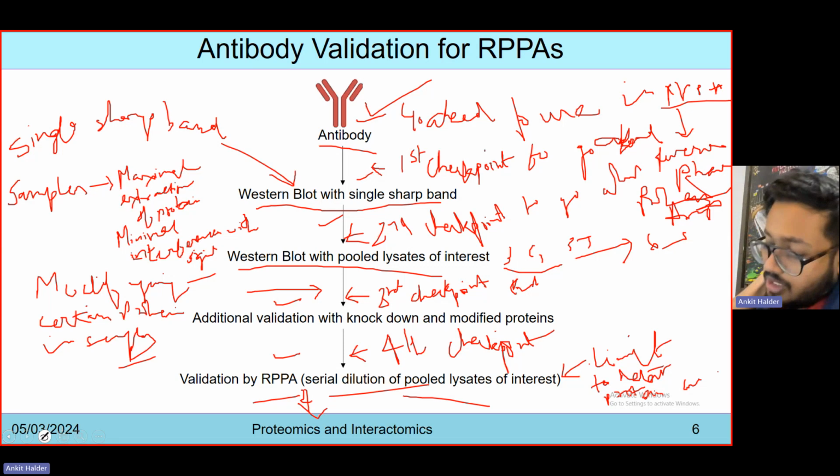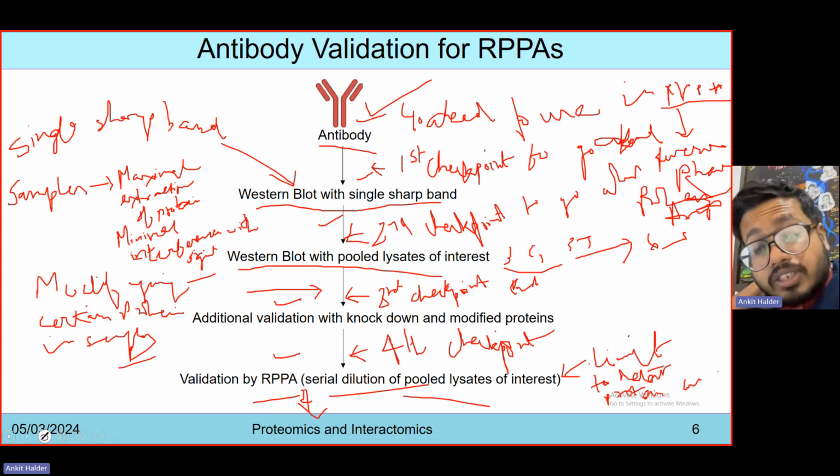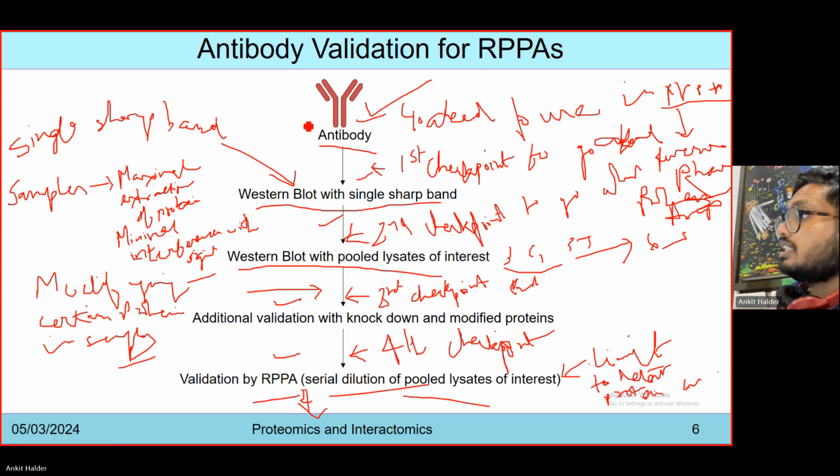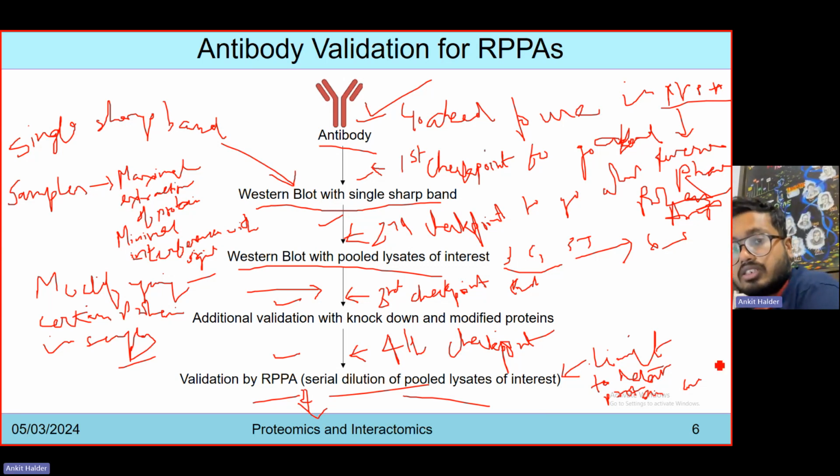For example, if you try to find the phosphorylation pattern between your diseased and normal state, you can use phosphatase inhibitors apart from protease inhibitors. So this is quite important.